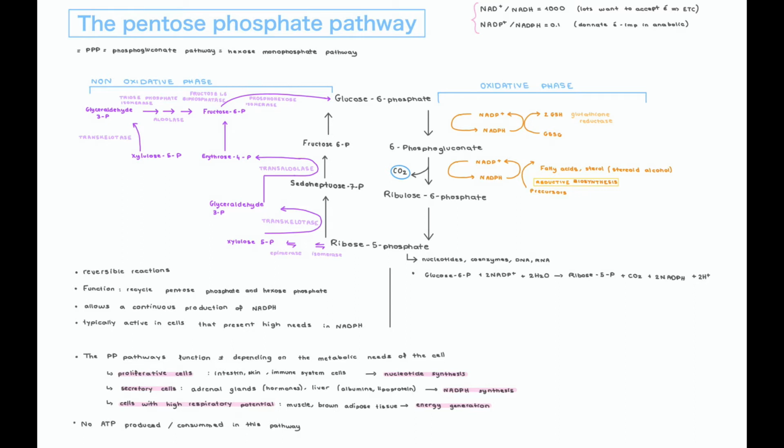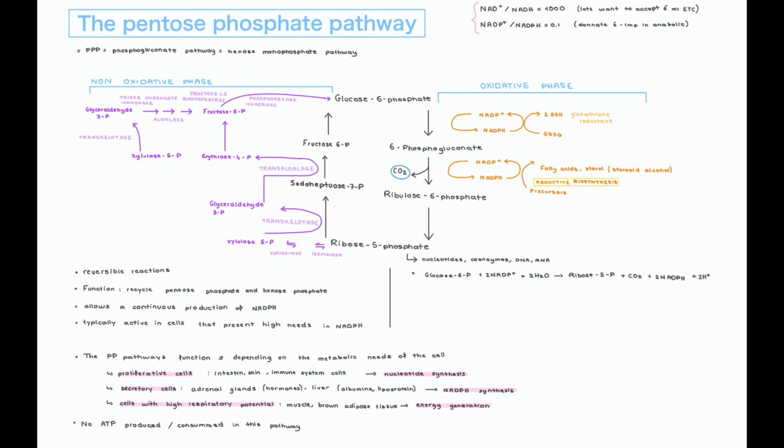Next, 6-phosphogluconate is going to undergo pretty much the same process. It's going to be oxidized, but it's going to release a CO2 molecule. So very important, in the pentose phosphate pathway, the oxidative phase releases a molecule of CO2.